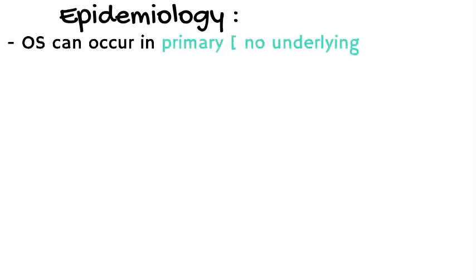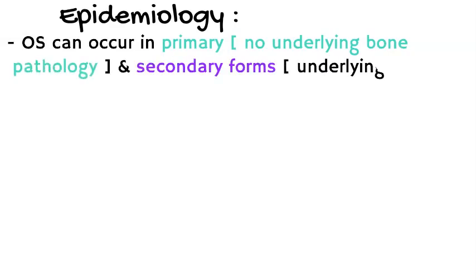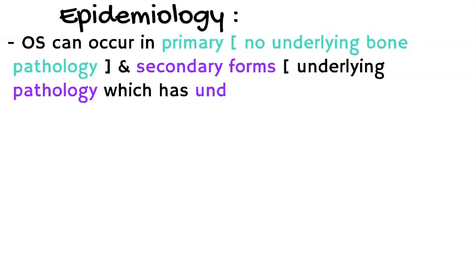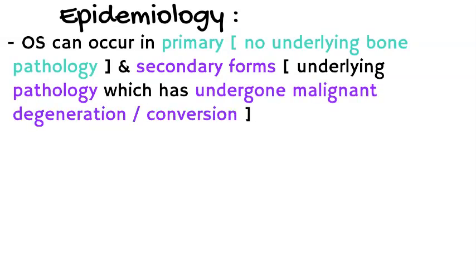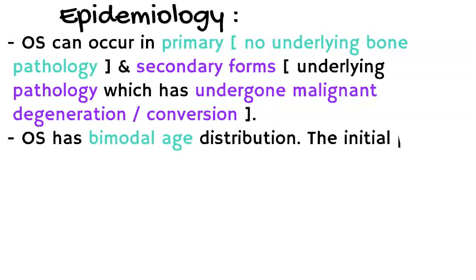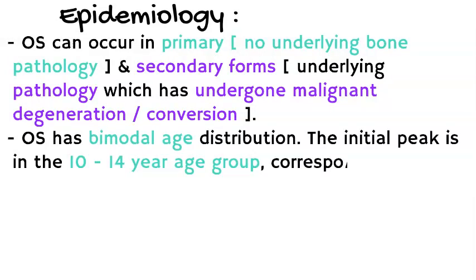Epidemiology. Osteosarcoma can occur in primary forms, that means no underlying bone pathology, and secondary forms, underlying pathology which has undergone malignant degeneration or conversion. Osteosarcoma has a bimodal age distribution.